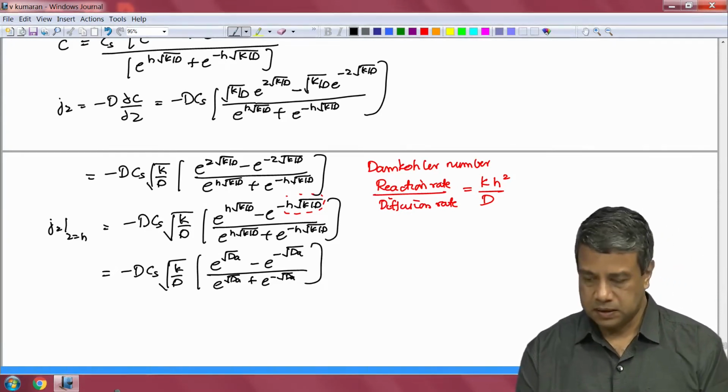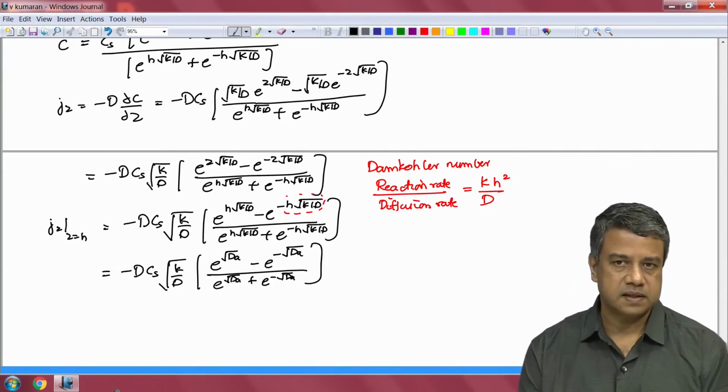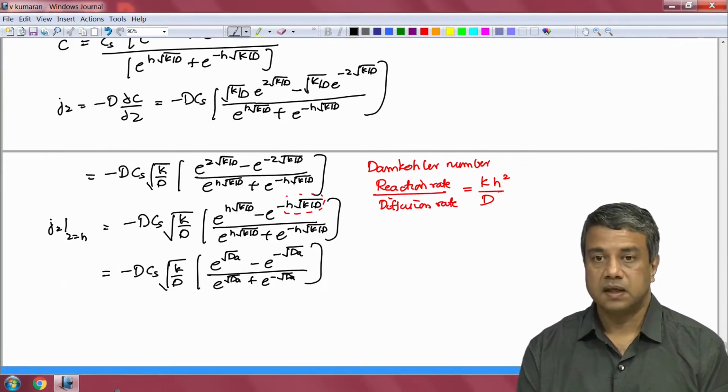So, this is the expression for the flux at z equal to h at the top surface.